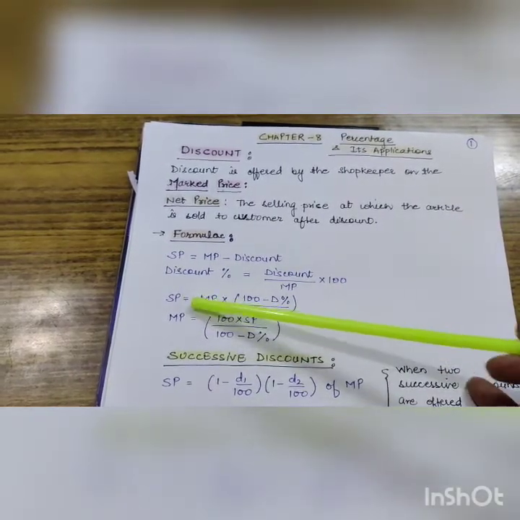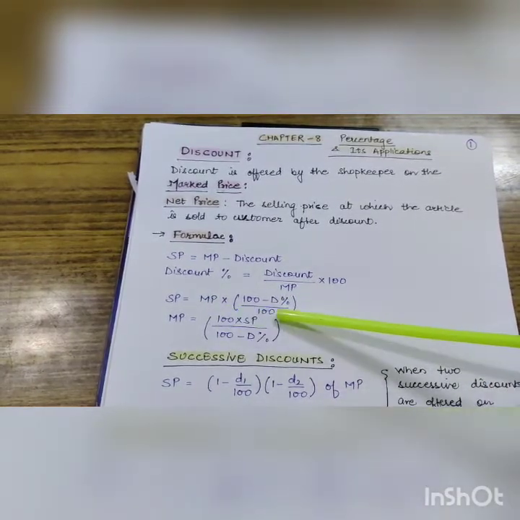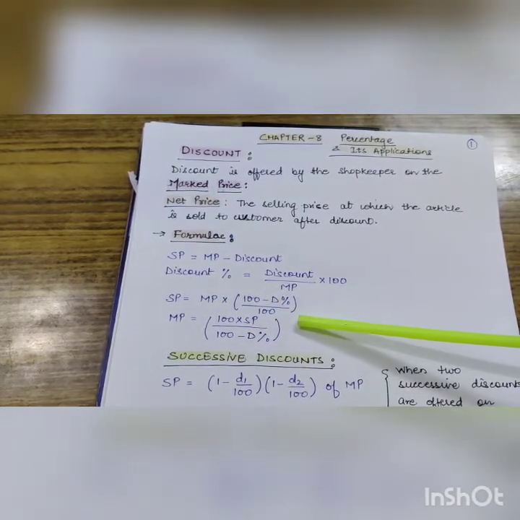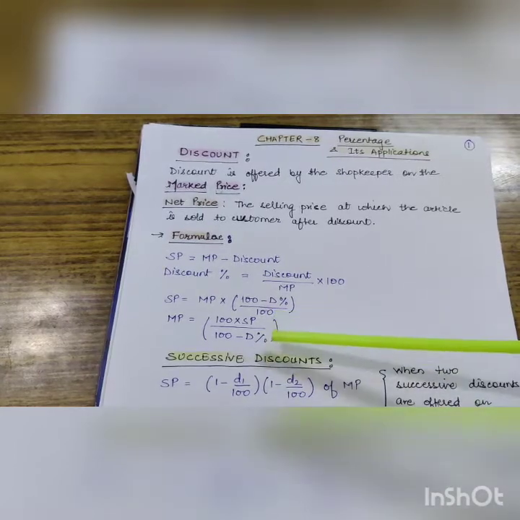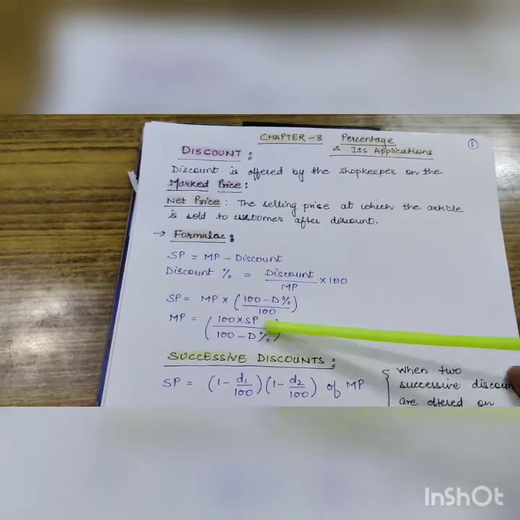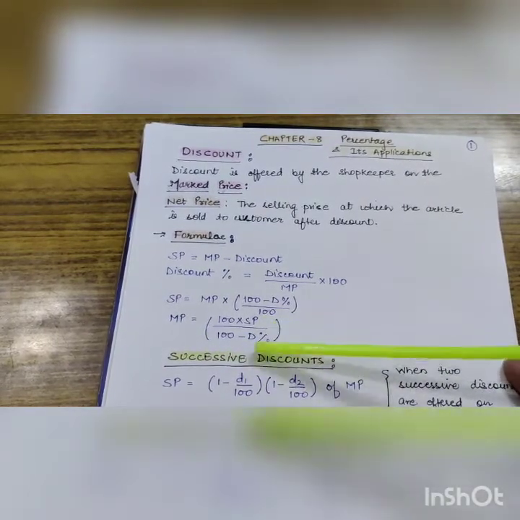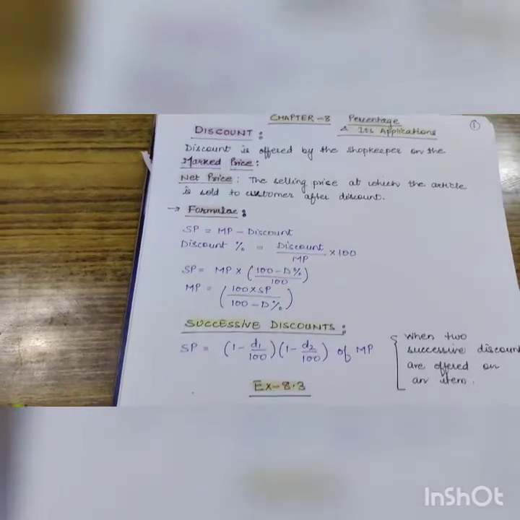Then selling price, whenever marked price and discount percent is given to you, we use the formula marked price into 100 minus discount percent upon 100. And whenever we have to calculate the marked price, when selling price and discount percent is given, we use this formula 100 into selling price upon 100 minus discount percent. So these are the few formulas.